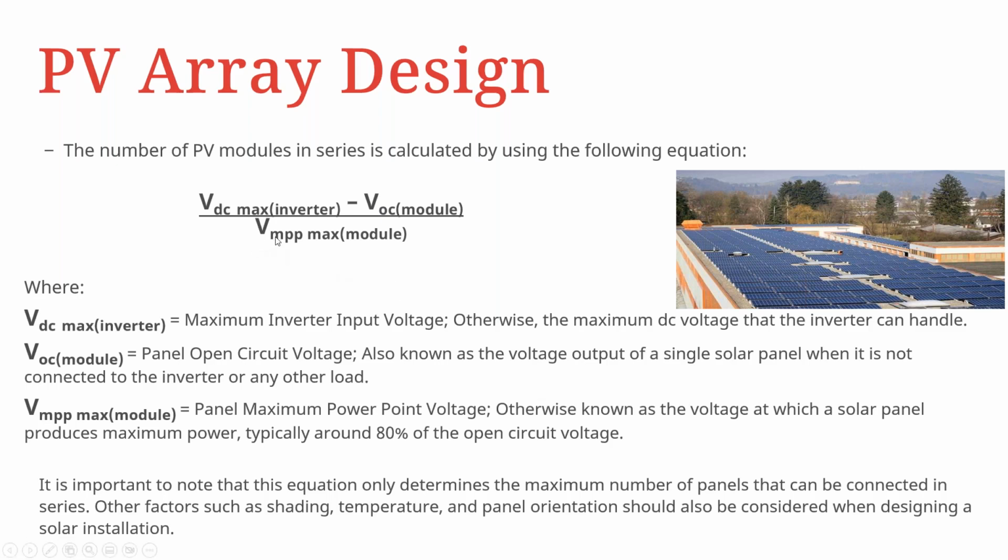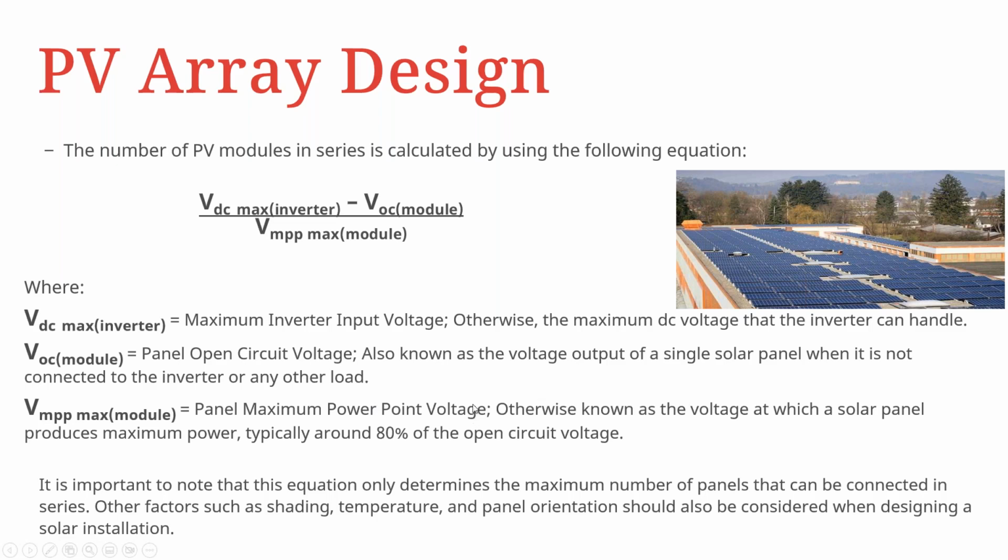And then we have its VMPP max to be 41.7. So if we input these figures into this equation, we're going to have 22.78. So according to the equation, for safety, we're going to round it down to 22.